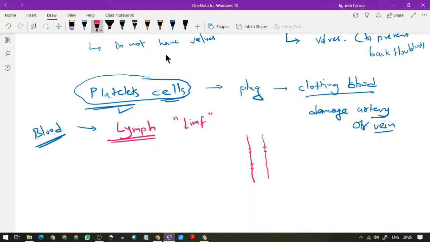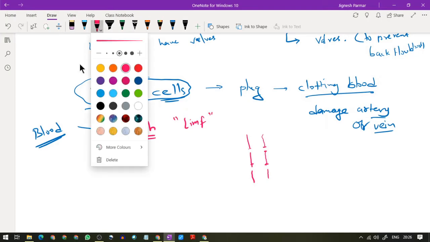Now, as we know, this is the structure of an artery. What I have drawn here is the structure of an artery.